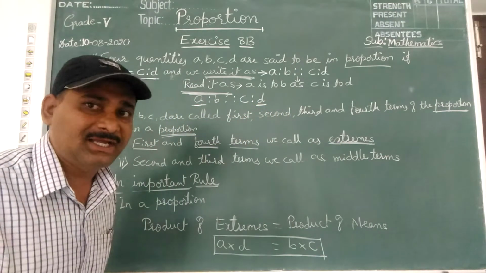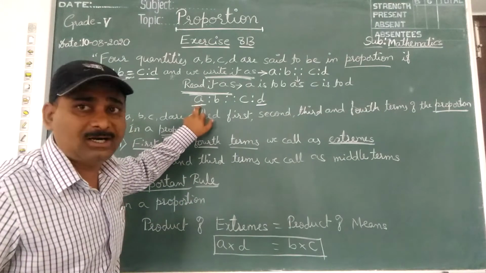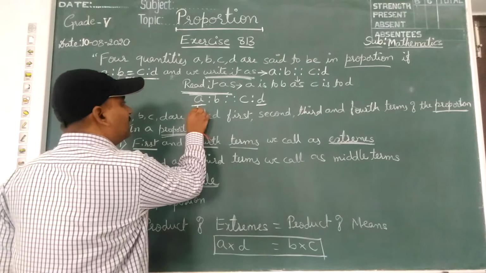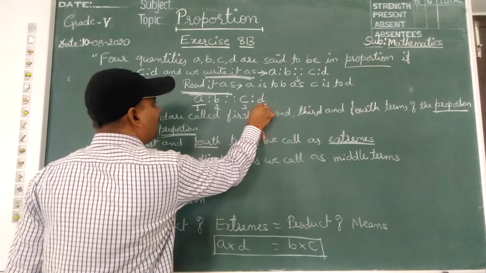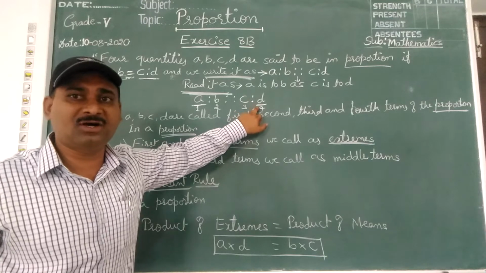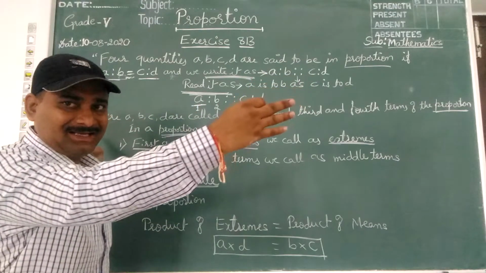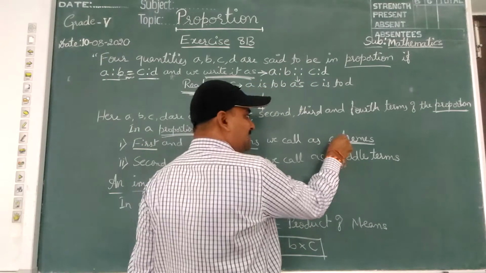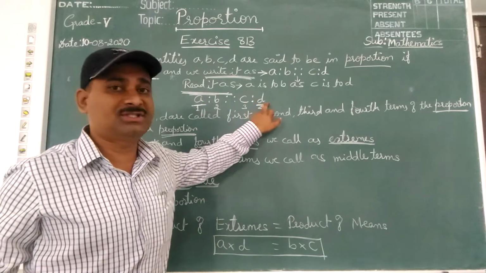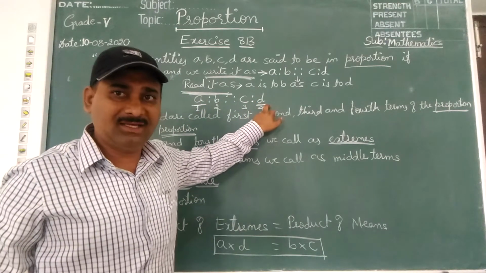Which are called extremes? The first term and fourth term, because they are at the extreme end. The name itself means the extreme end. A and D are called extremes.